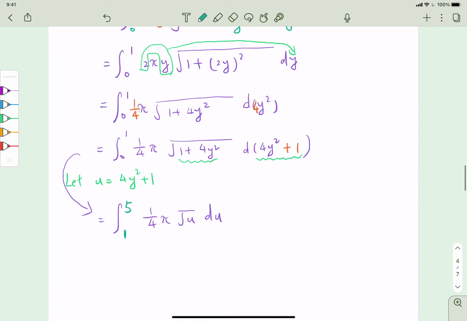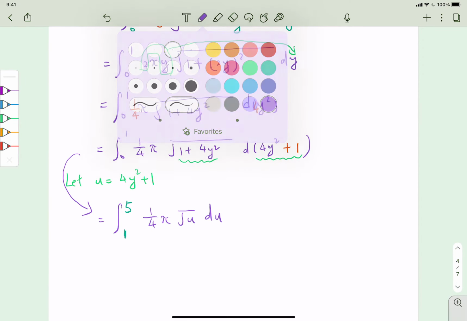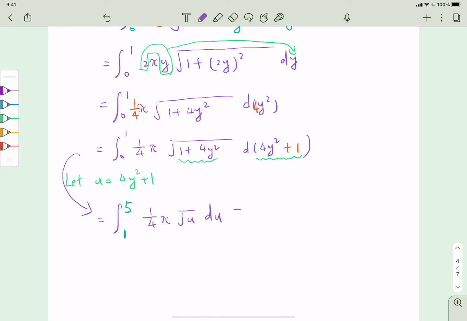Okay, finish with these new bounds and go through this computation. The final answer is complicated. That is pi over 6 times 5 to the 3 over 2 minus pi over 6, something like that.